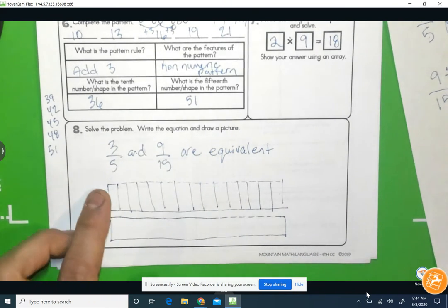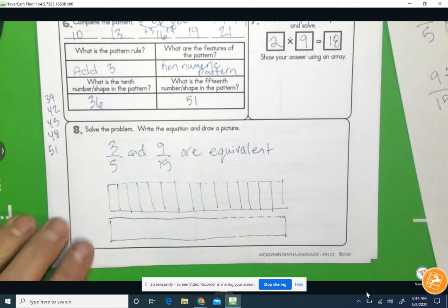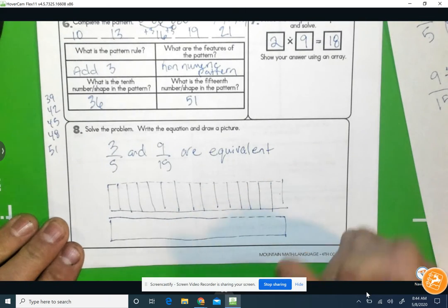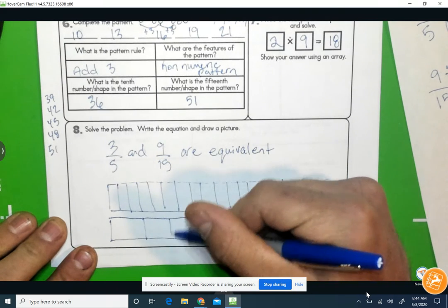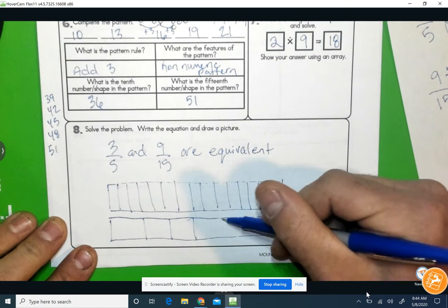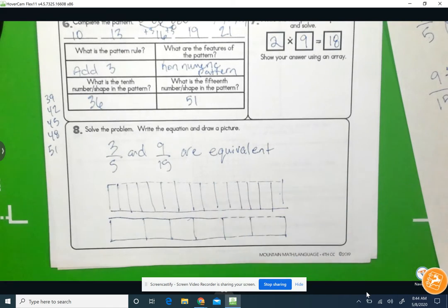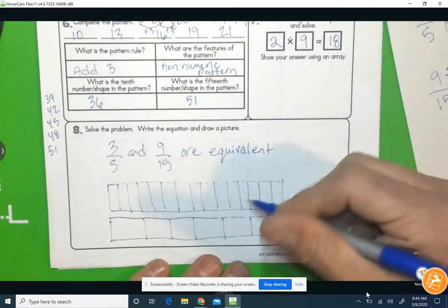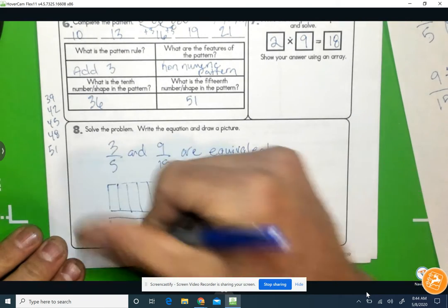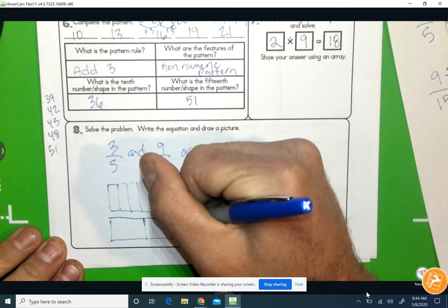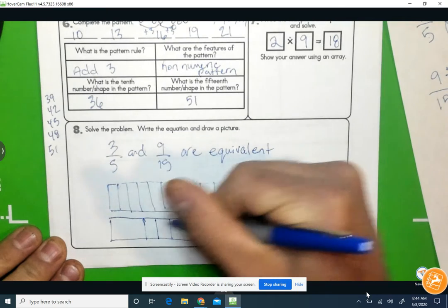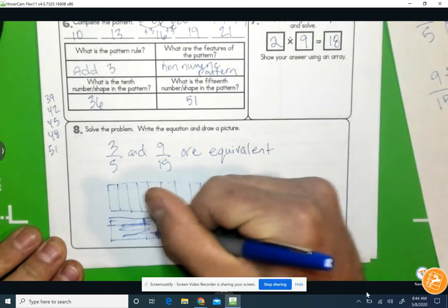And then just for giggles, we'll draw out Sarah's. Hers was in 5 pieces. So 1, 2, 3, 4, 5 pieces. Oh, that's 6 pieces. Oh no. So we'll go 1. She ate 1 piece.